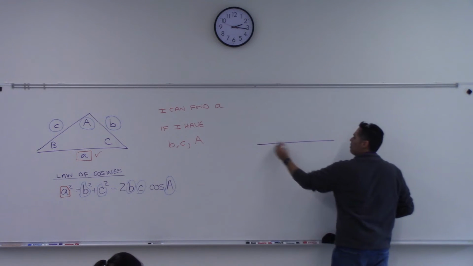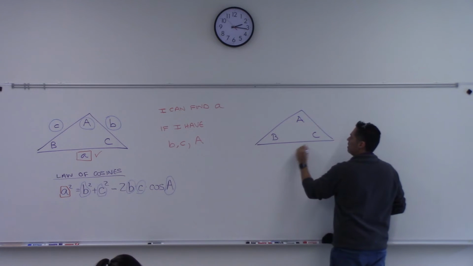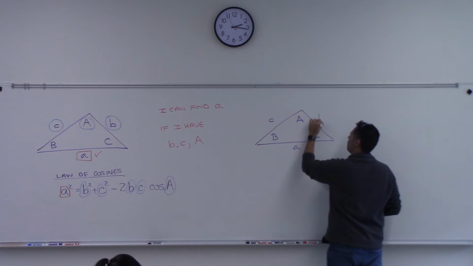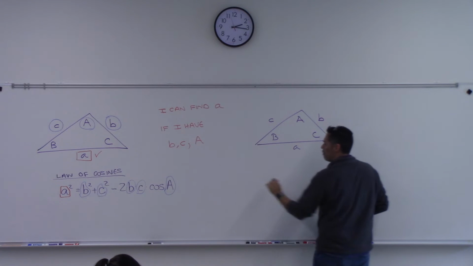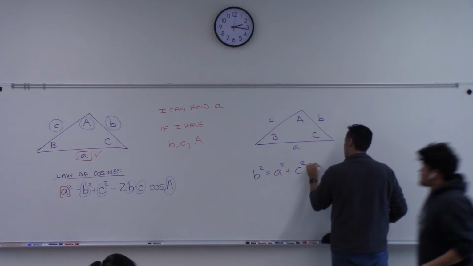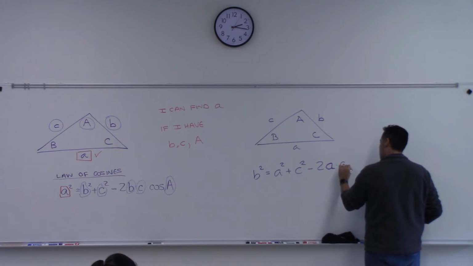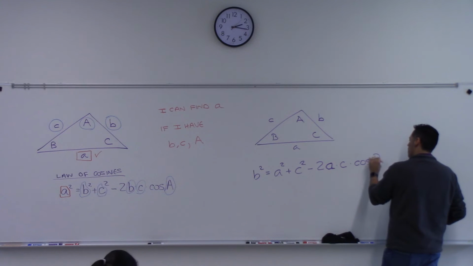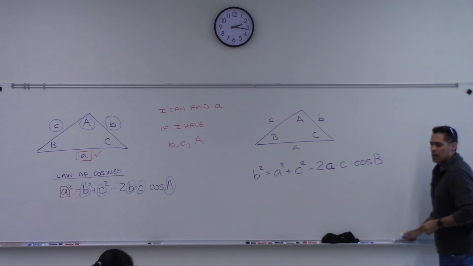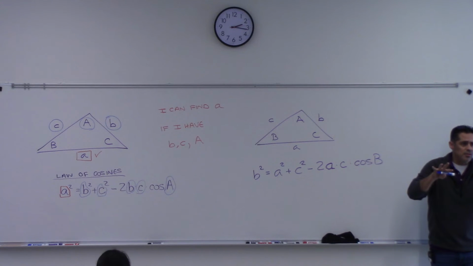So if I do the same picture, A, B, C, little a, little c, little b, the second formula says b squared equals a squared plus c squared minus 2 times a times c times cosine of capital B. I want everyone to understand that's the same formula as that one over there, just the letters are different.